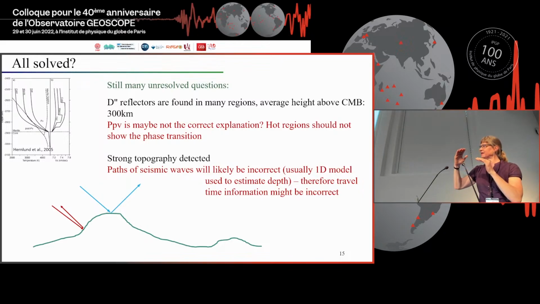But if we have topography, then our reflection will not be where we think it is, right? Because the path may be different. This will also cause problems for the amplitudes, because topography will either increase or decrease amplitudes due to focusing and defocusing effects.